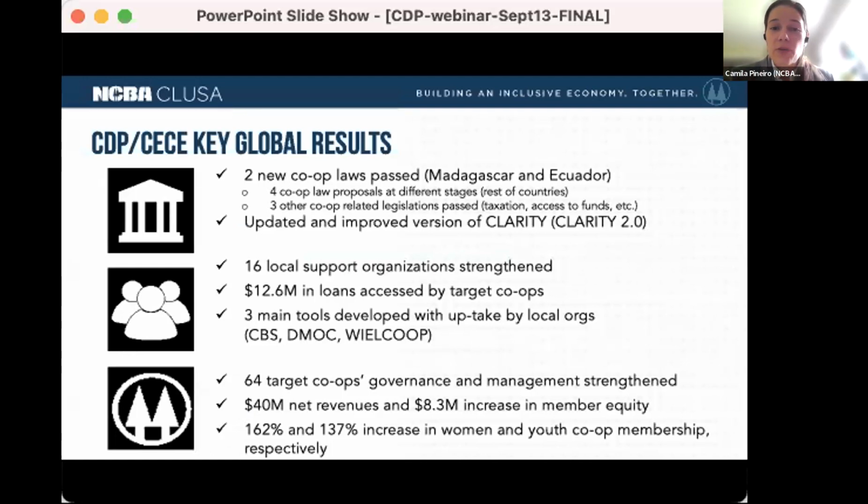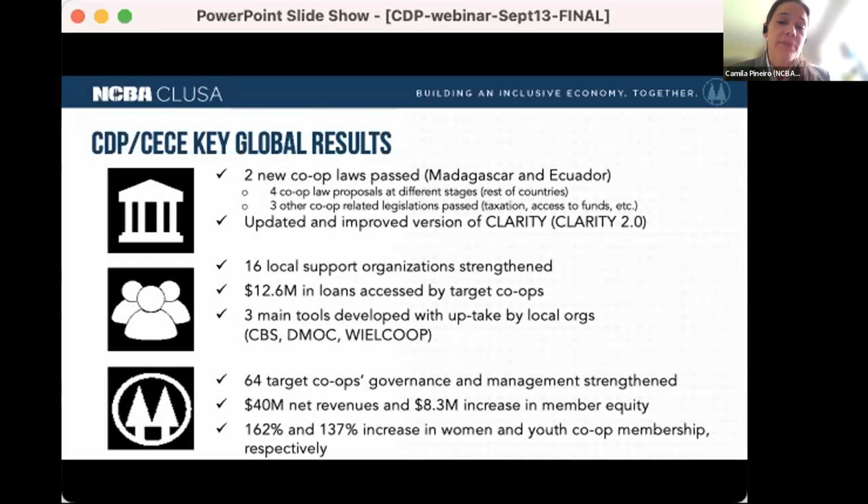I also wanted to let you know that in the rest of the countries, the cooperative law proposals are at different stages, and we hope some are passed soon. In addition to cooperative laws, we also helped pass other legislation related to taxation, access to finance, etc. In this level of work, we are very proud to have helped produce a new version of Clarity. You'll be hearing about it soon.